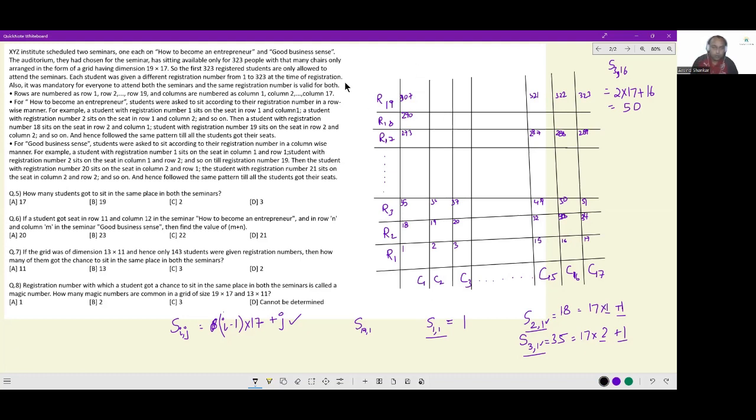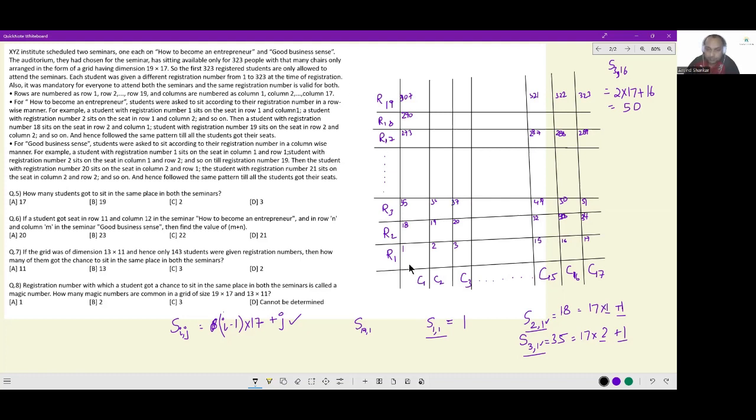The blue numbers are for how to be an entrepreneur. For good business sense, students are asked to sit according to the registration number in a column-wise manner. For example, a student with registration number 1 sits on the seat in column 1, row 1. Student with registration number 2 sits on the seat in column 1, row 2.